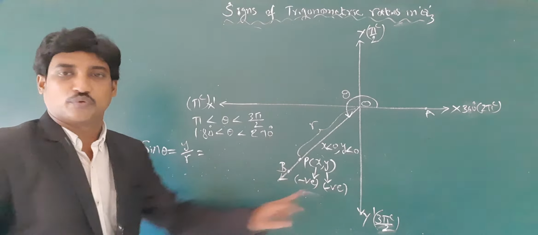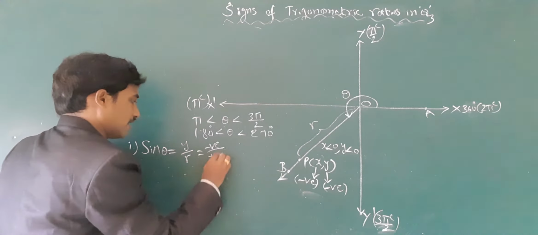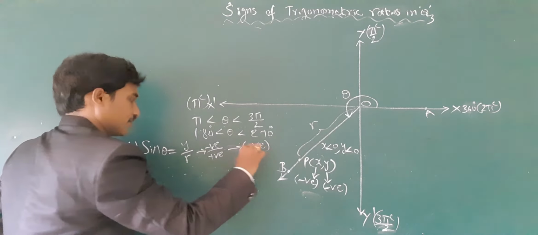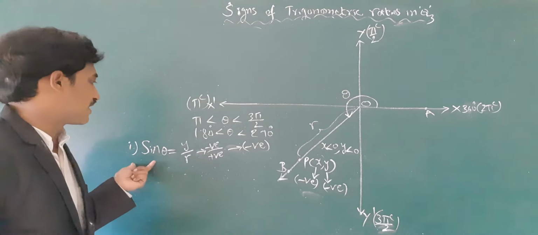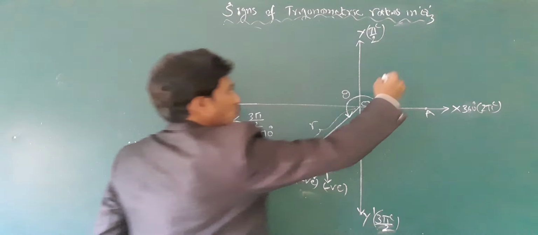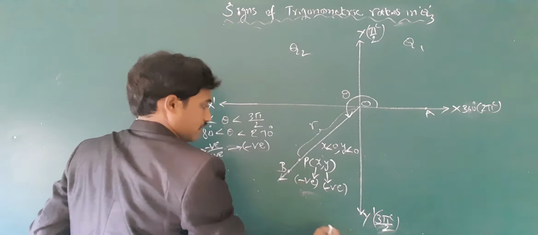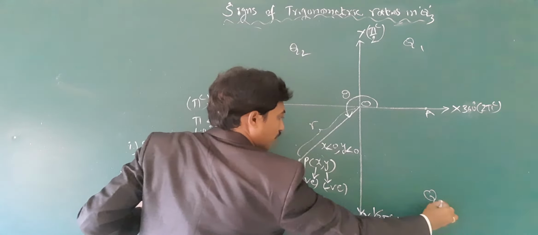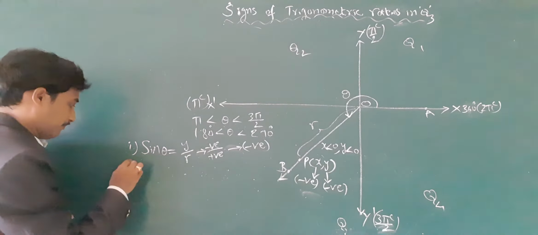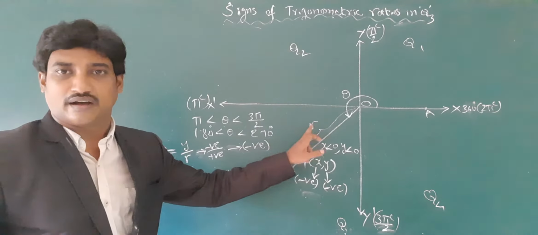Sin theta is y by r. Y is a negative quantity, r is positive. Negative by positive, we get a negative quantity. So sin theta is negative in the third quadrant. In Q3, sin theta is negative. Cos theta is x by r.